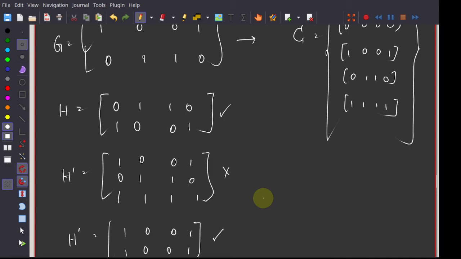So this code is kind of special. I mean, it so happened that this was, but okay. So what if it is not full rank?